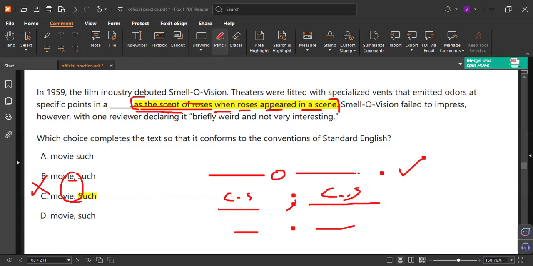Why? Because this part is like additional example for it. Feel it? Look, theaters were fitted with specialized vents that emitted odors at specific points in a movie, such as, so it's positive additional information. So we need a comma. Do you imagine it? Yes.